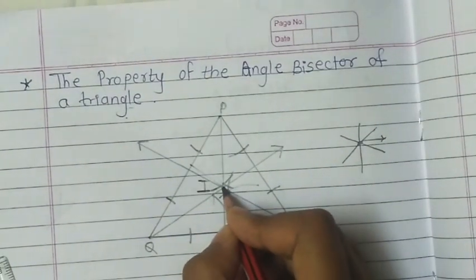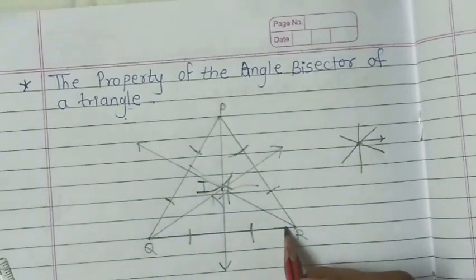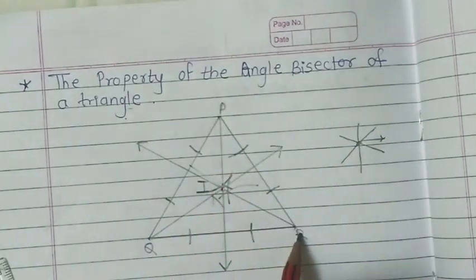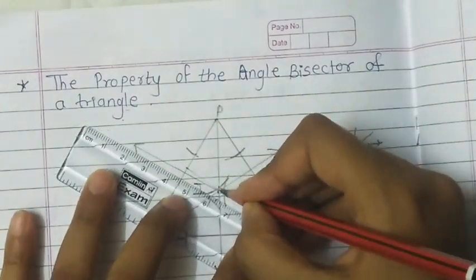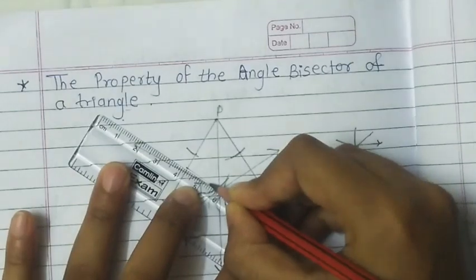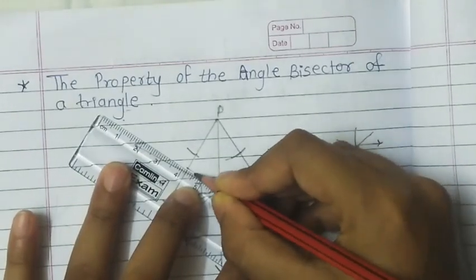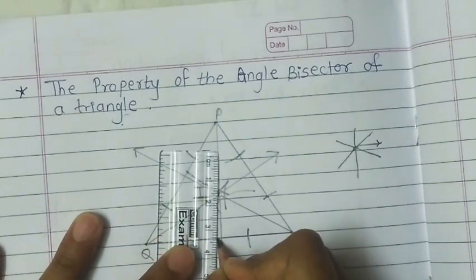Now we are going to draw perpendiculars from this point I on the sides of triangle PQ, QR and PR. So let us draw perpendicular. Perpendicular means yes, 90 degree. So we'll draw straight line, dotted line we'll draw. See here, another over here.